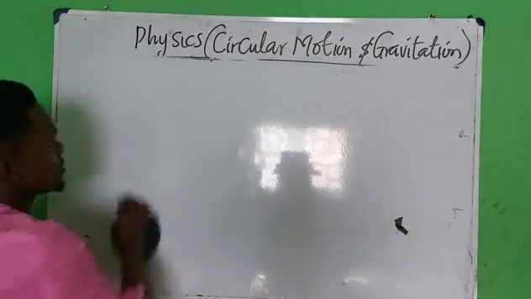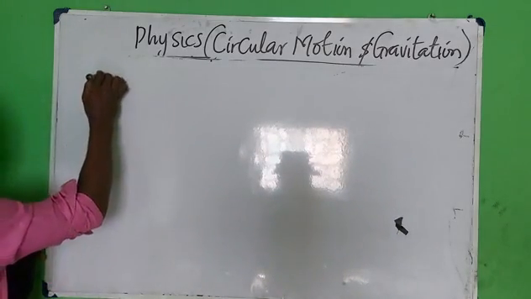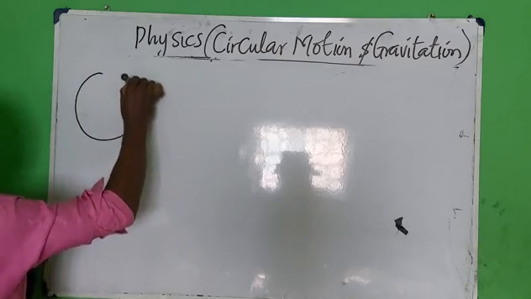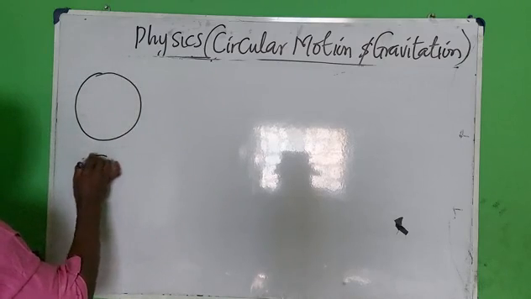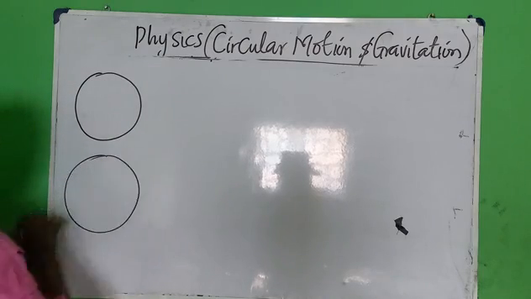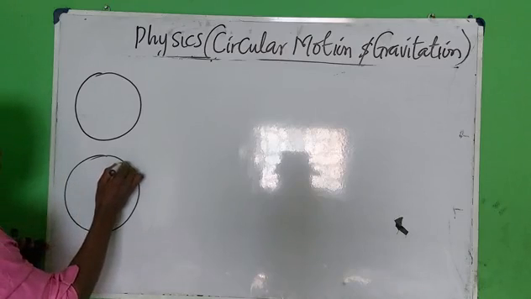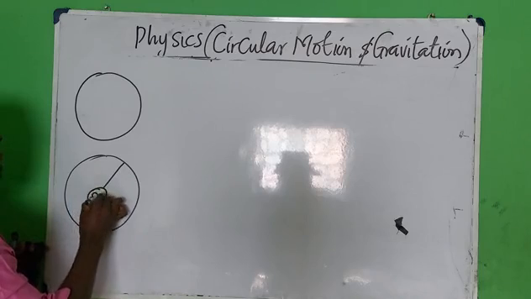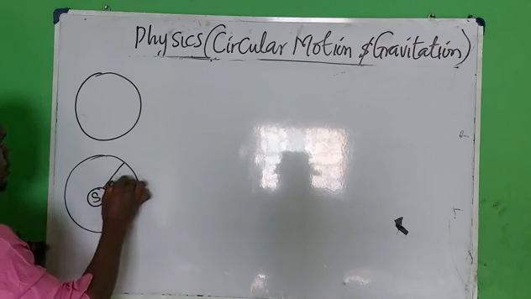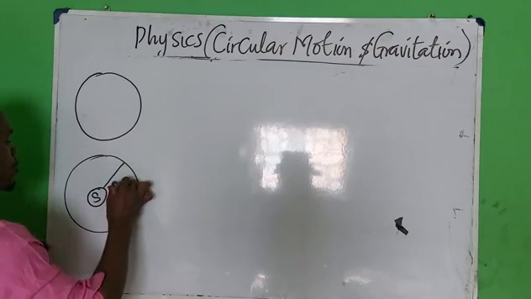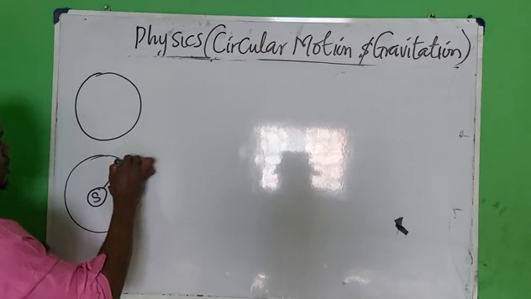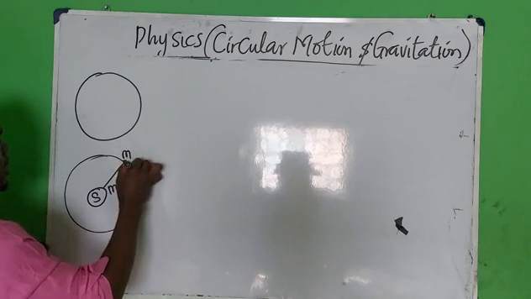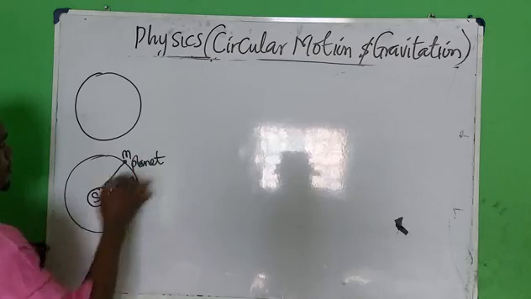Let us give it a try. So I have this, and I have this. Okay, from here to here, I'll call it, there's a sun, mRw squared. Here it is the mass, and here is what? The planet.